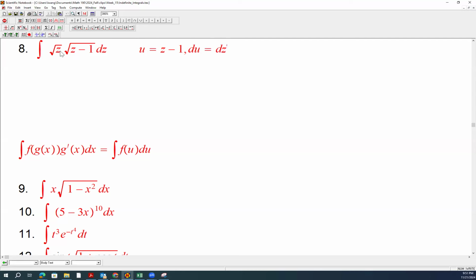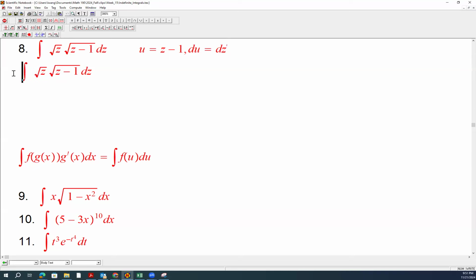But how do we express root z? I'm going to show you a couple of things. It may or may not work. If it doesn't work, we just try something else. So this is a u, and dz equals du.